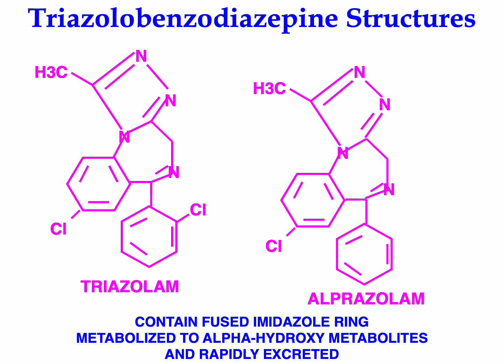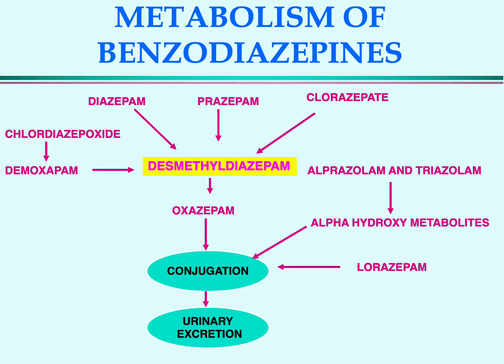Now, these two agents, they're metabolized differently. They're metabolized to something called alpha hydroxy metabolites and then rapidly excreted. So they happen to be short acting as well, similar to the other benzodiazepines that had that free 3' hydroxyl group.